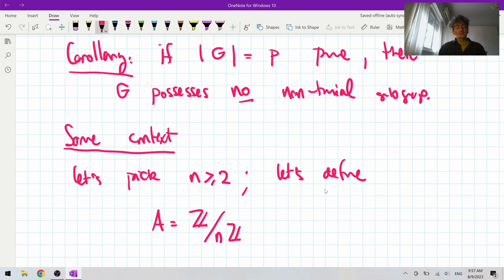This is what we usually call Z sub n. This is the set of residues or equivalence classes of remainders modulo n.